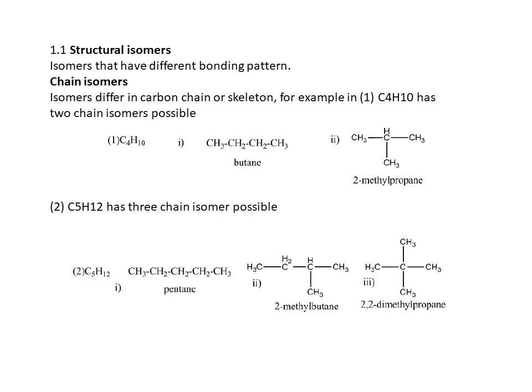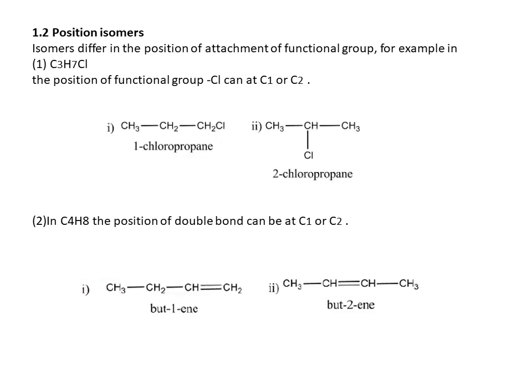Next we see position isomerism. Here isomers differ in the position of attachment of the functional group. For example, in C3H7Cl, the position of the functional group chlorine can be at C1 or C2. C3H7 means 3 carbon atoms in a chain, and chlorine can be at one end, 1-chloropropane, and the chlorine can come at the middle of the chain.